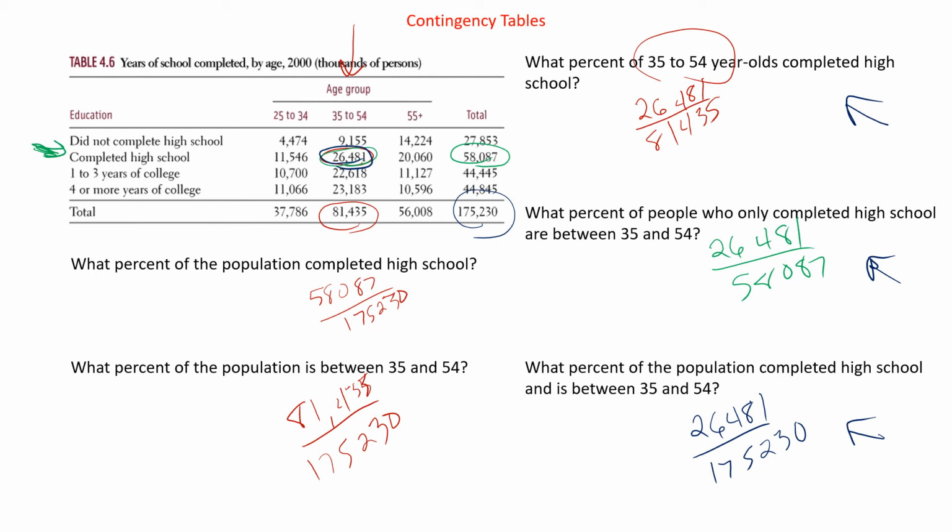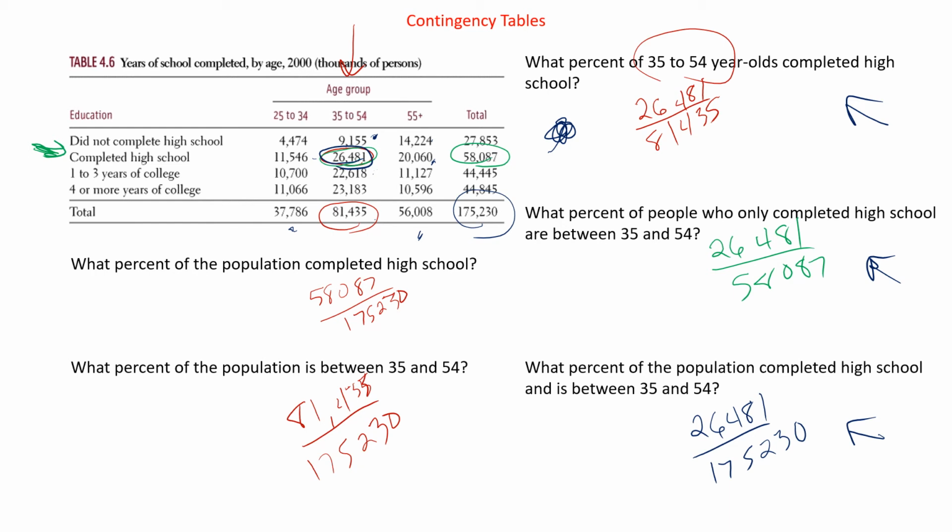If we were doing all of these ones, we could have the 9155 divided by the 8143. We could have this one divided by that. We could do these ones divided by that column total. We could do these ones divided by that column total. So you can do it for more than just one thing, depending on what the question is asking you.